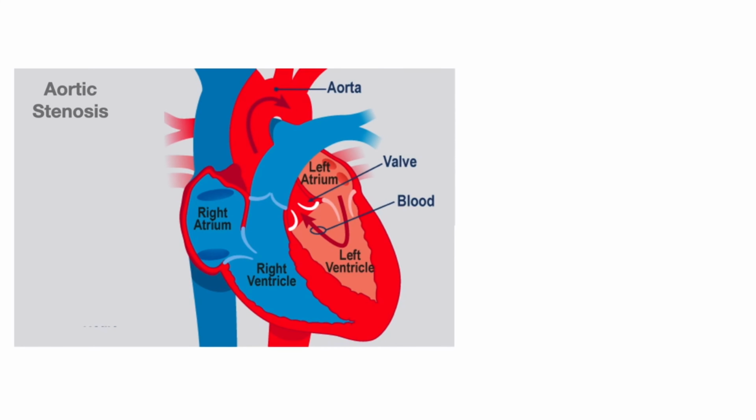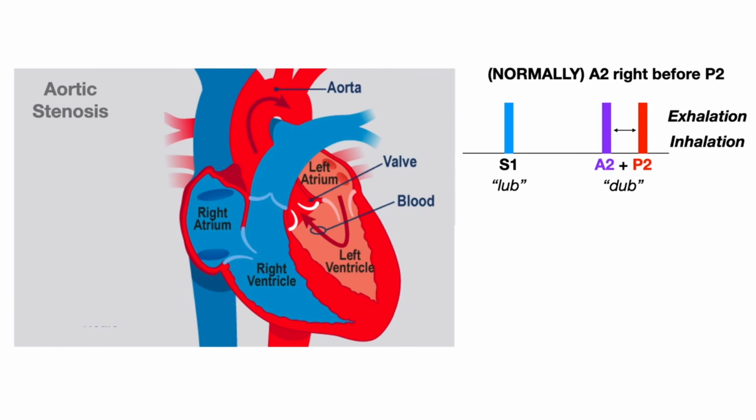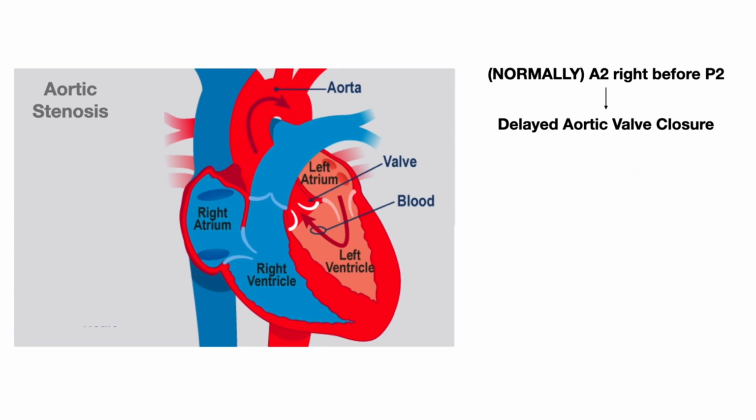So recall that normally we've got our A2 component right before our P2 component. So I'm talking about the two different S2 subcomponents, the dub. Usually it's A2 before P2. Okay, so normally it's A2 before P2, but in the presence of pathology of the aortic valve, which causes a delayed closure of the aortic valve, it means that the aortic valve will take longer to close than the pulmonic valve.